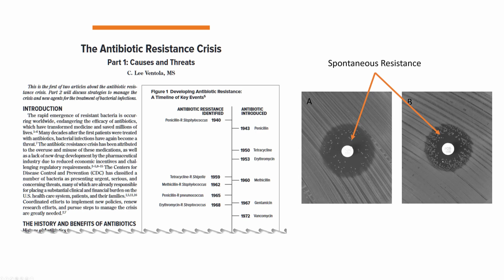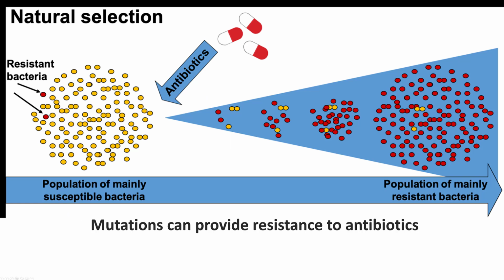If this antibiotic's present, these are now able to grow in those environments, and it is part of that resistance crisis that I'm referring to, and this paper is referring to, and it's quite an issue. But this is the origin of it. It comes down to the genetics. And so you have a few resistant bacteria in the population, which the antibiotic will prevent the yellow ones from growing, but because the spontaneously mutated ones now can grow, they've now become the predominant population.